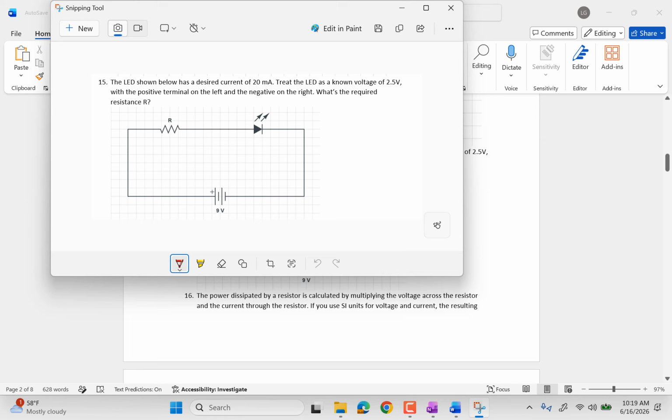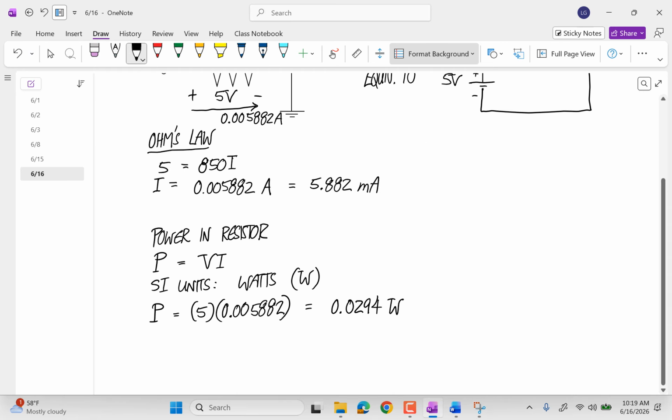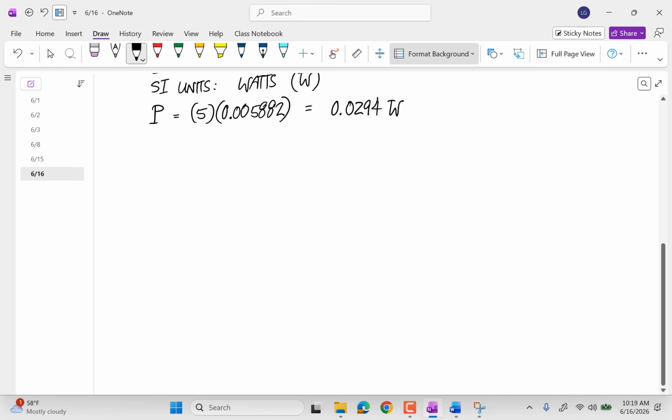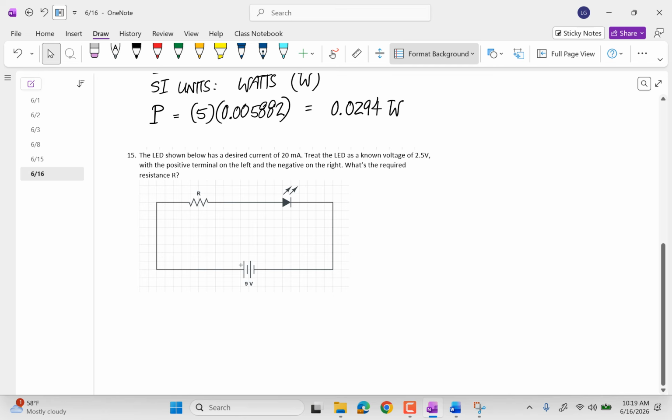Is it running? Is it this or that? So they're pretty useful in a lot of cases. And this is the simplest way to do calculations to get ballpark ideas about the current and the voltage in your circuit if you have LEDs.